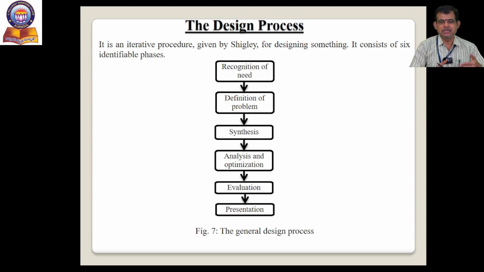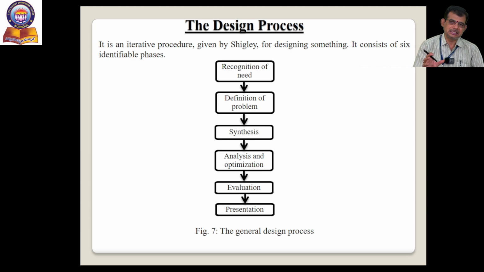So the designer will get all the feedback from you and consolidate it. They will identify the common things and work on that particular area: how to improve the comfort of the seating, or how to improve the mileage by reducing the weight, by implementing composites on the various components. So recognition of need means when there is a need for a new system or some corrections are needed on the existing system. That is called recognition of need.